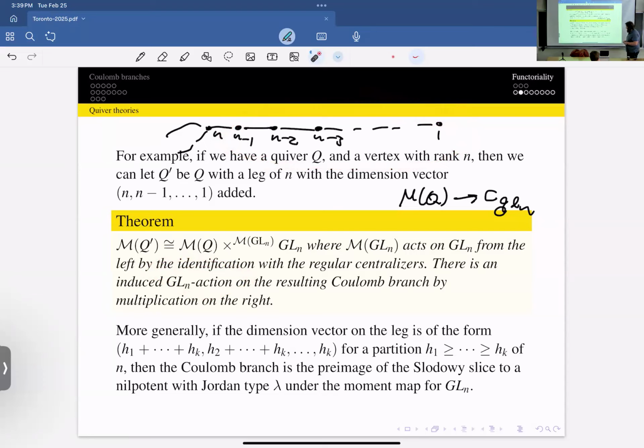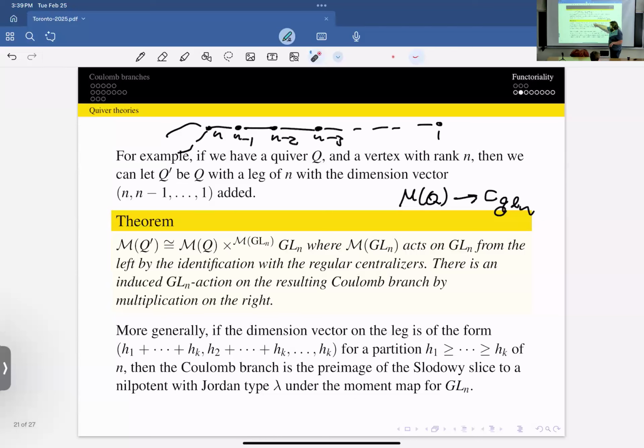All right. And more generally, if I do this with a dimension vector that's falling faster, I get a similar description, but I have to incorporate the Slodowy slice for a particular nilpotent.